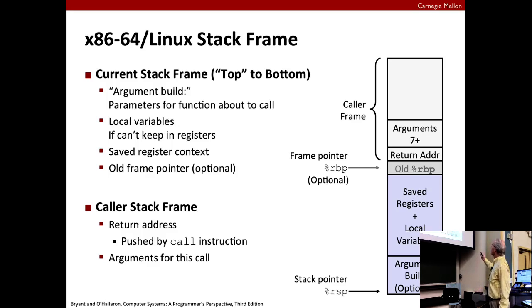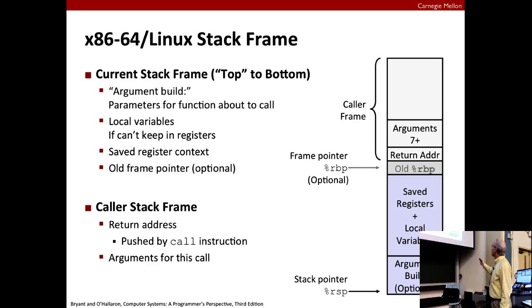Working our way back, if we have to pass more than 6 arguments, the caller will use its own stack frame to store those arguments so that they'd be available. And we already saw when you do a call, it will push the return address onto the stack. So before a function even starts, all this information would be on the stack.